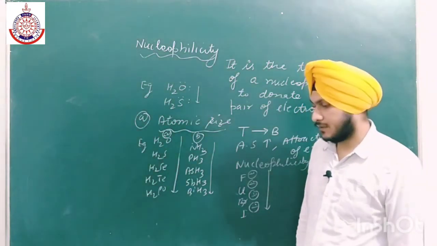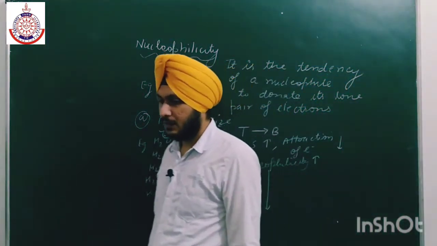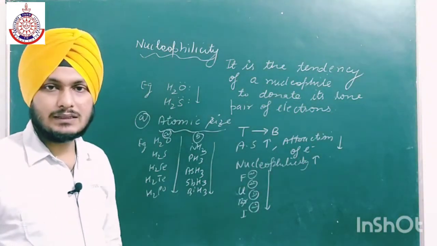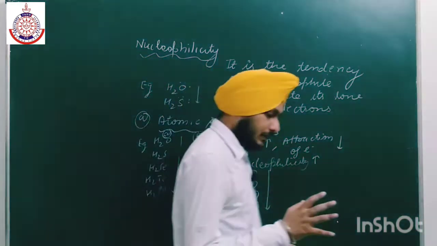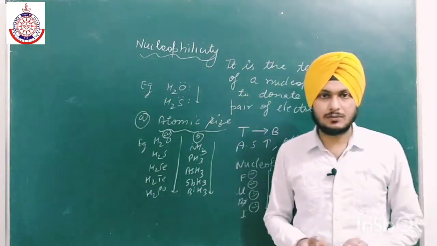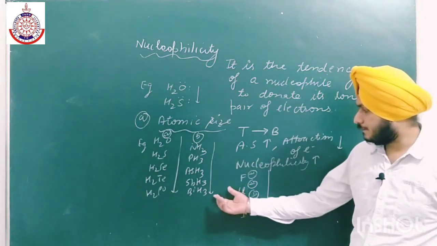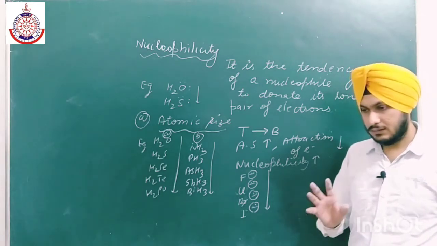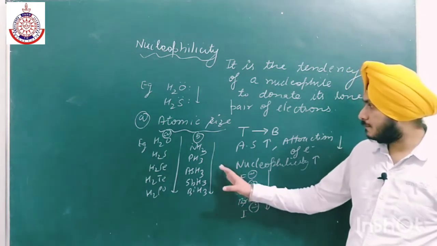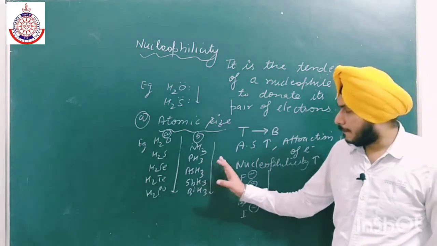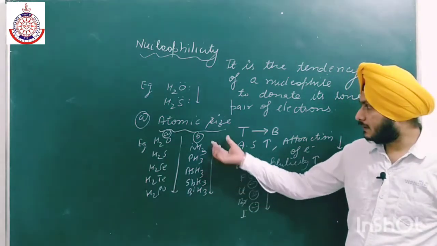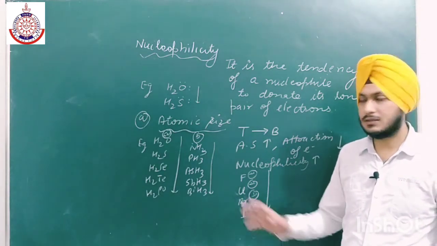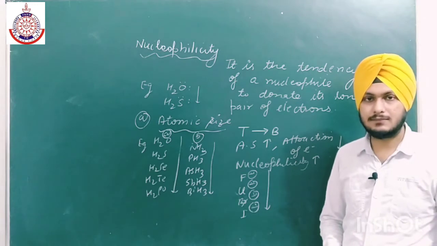So this is the first factor which influences the nucleophilicity, or on which the nucleophilicity depends. As the atomic size increases, the nucleophilicity will also increase. And I am again saying that this factor is only valid in case of a group, not in a period. So this is all about atomic size.